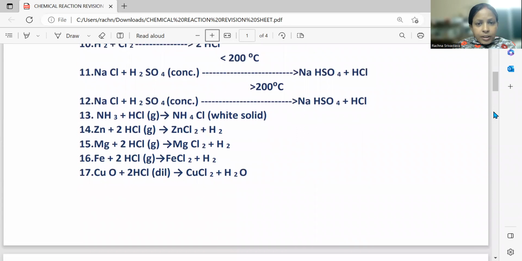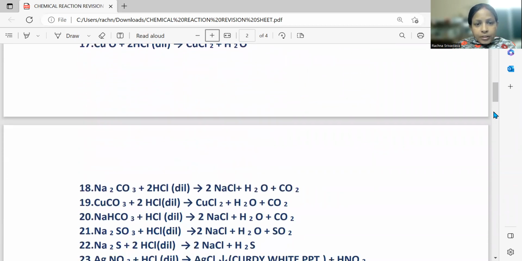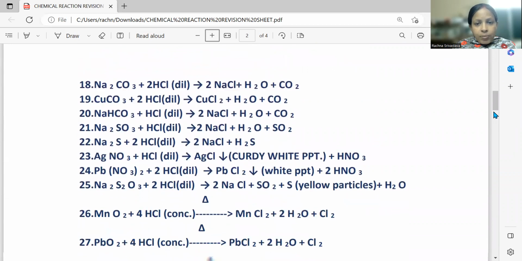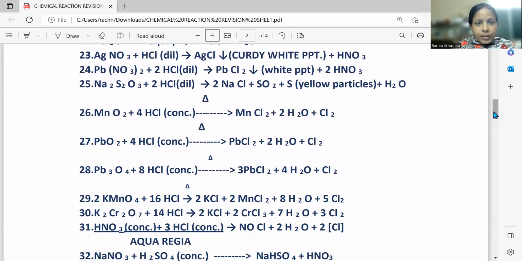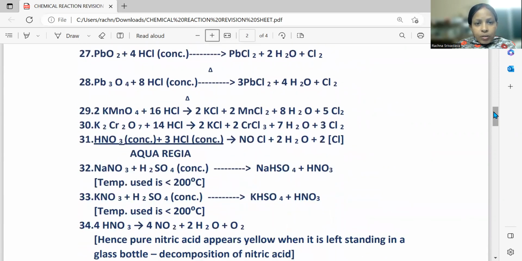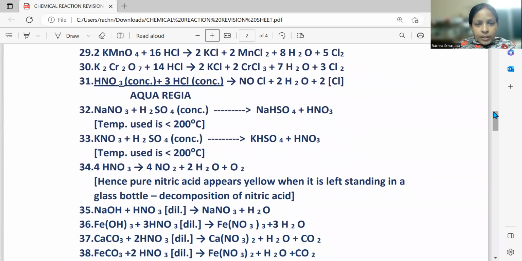You can see the reactions, how they are written: balancing, temperature condition, their state. If any precipitate is being formed, then the downward arrow and the color of the precipitate. If dilute and conc are being used, then that has to be mentioned. Then the heat symbol, you can see.